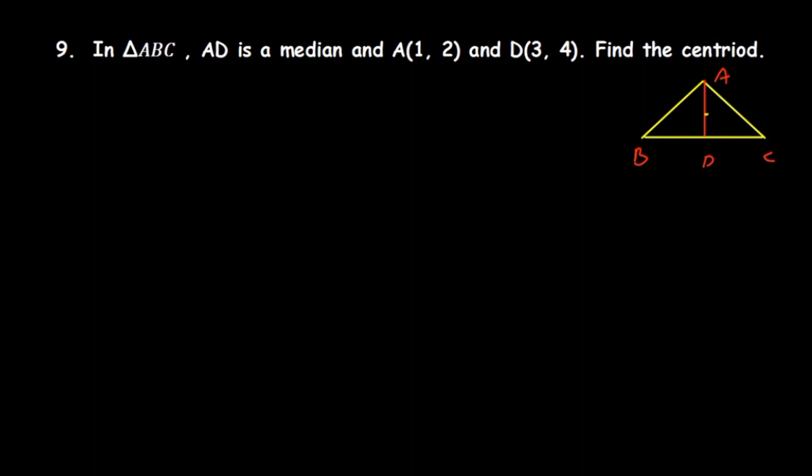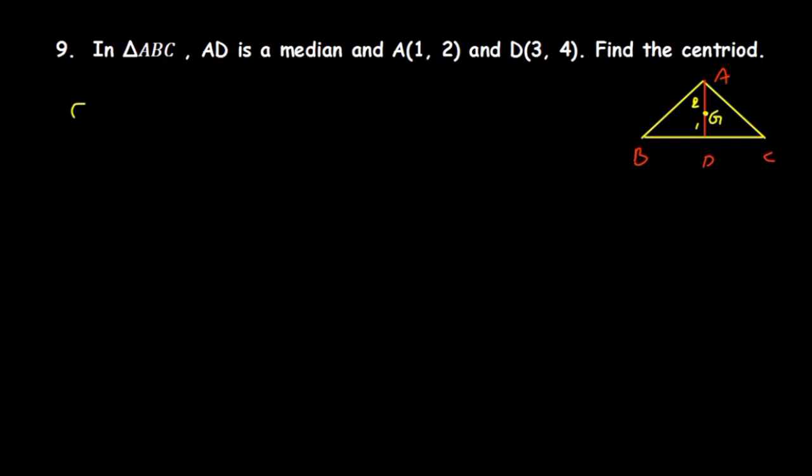So the centroid will divide the median in a ratio. That means, for example, here we take a point, this is the centroid. The centroid will divide it in the ratio 2:1. Okay, so G is the centroid here, and this G divides AD.